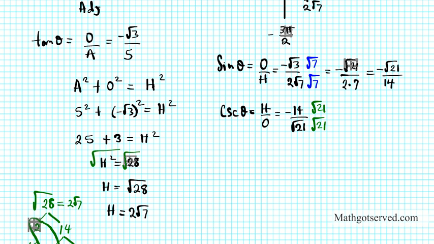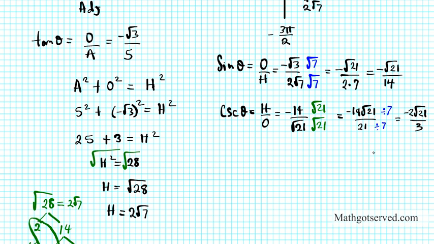And then we're now going to have negative 14 root 21 over 21. We can divide top and bottom by 7. And that gives me negative 2 root 21 over 3. Alright, so there goes my answer for cosecant.